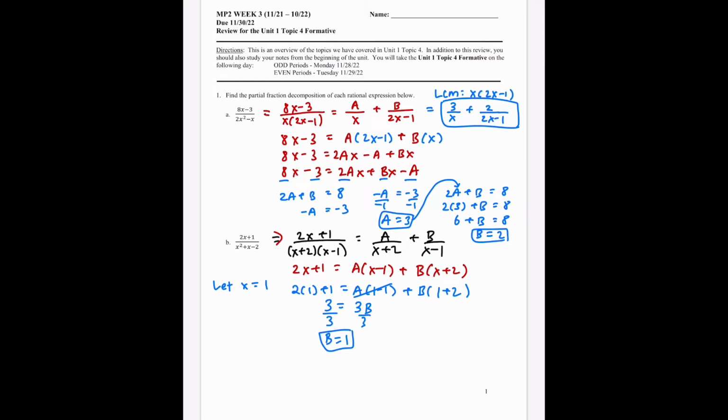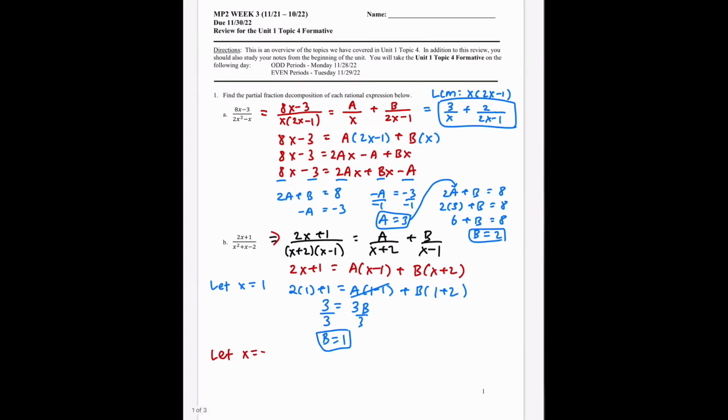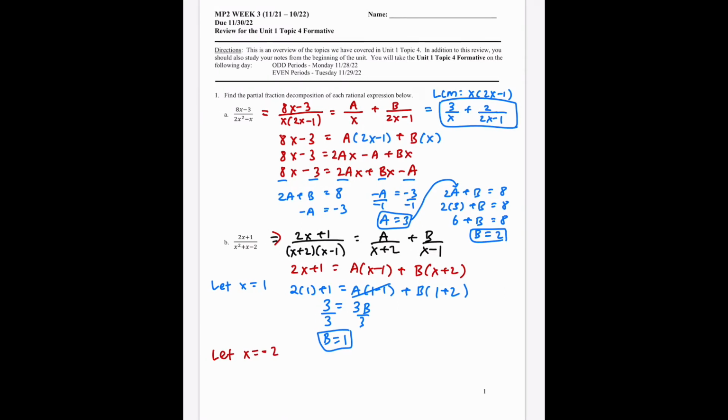For the second one, this time let's let x be equal to -2. Because if x was -2, right, the b goes away. So it becomes 2 times -2 plus 1 is equal to a times -2 minus 1 plus b times -2 plus 2 goes away.